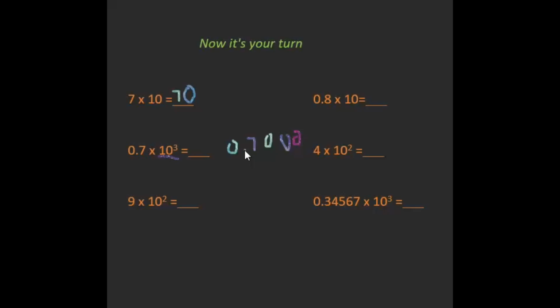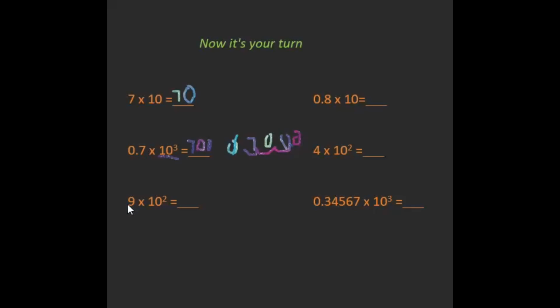Remember, the decimal point moves by the powers of 10. So 10, 100, 1000. Now the decimal point remains right here, which uncovers 7 and 2 zeros. And the 0 at the start doesn't matter. 7 and 2 zeros is 700. So that is our answer, 700.